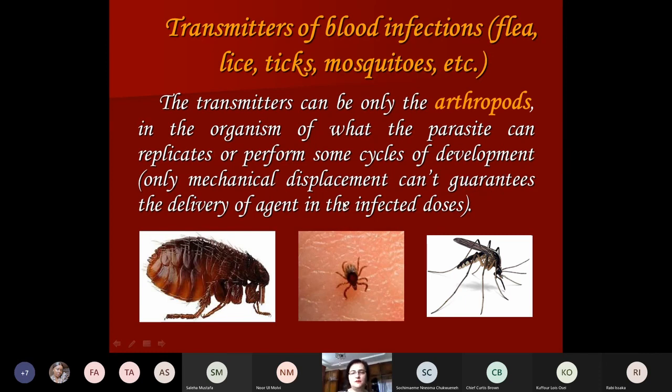Only mechanical displacement can guarantee the delivery of the agent in infectious doses. That's why remember, as a rule, the agent has to stay and live a little inside the transmitter. Without such a process, the doses maybe will not be enough.